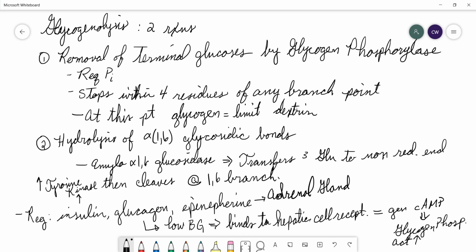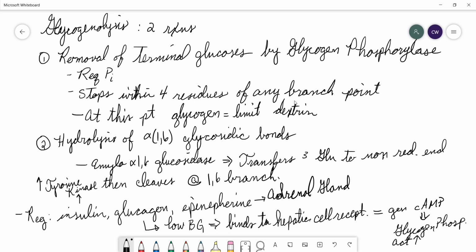Epinephrine's role is to upregulate glycogenolysis and downregulate glyconeogenesis or glycogenesis. Okay. In doing so, it floods our body with energy. Okay. And so our muscles are able to react faster. They have plenty of fuel ready to react, right?